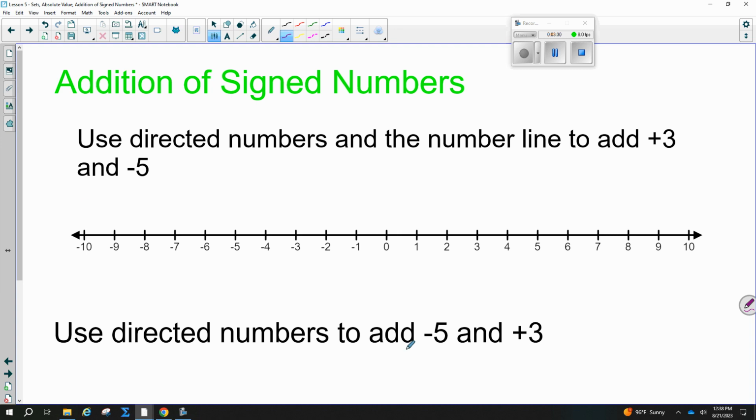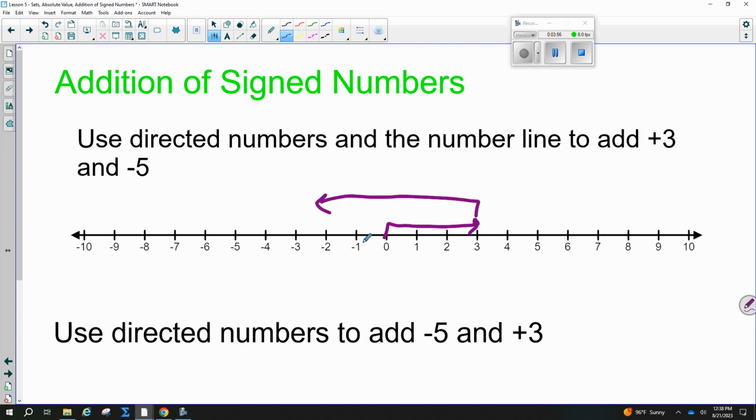All right, this is what the book says, and we're not going to do this. Okay, it says use directed numbers and the number line to add +3 and -5. I find this to be like more confusing than literally just adding them together. Okay, the book is trying to say, hey, let's start at +3. So you're like, all right, here's +3, and then I'm going to go -5, and like count.